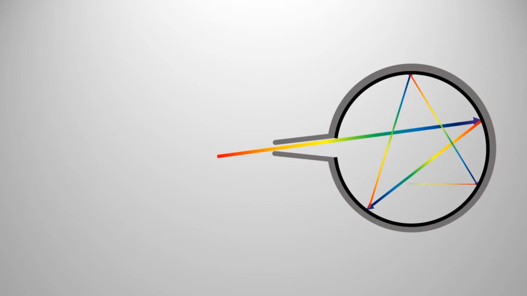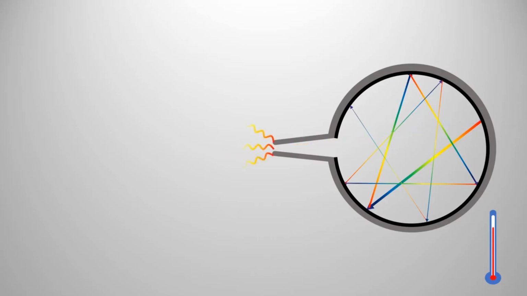The remaining radiation reflects back and collides with the wall again. In this way, in each collision, 99% of the radiation is absorbed. Due to this absorption, its temperature also increases. As a result, it starts emitting radiation from the narrow hole in which all wavelengths are present. This radiation is called black body radiation.